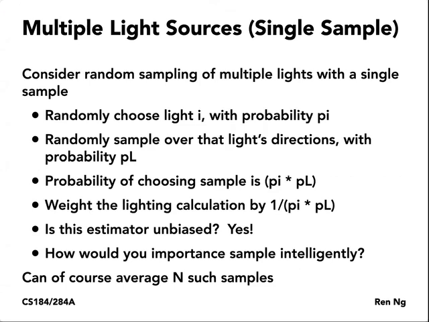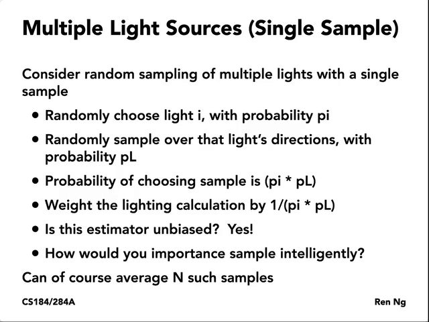Secondly, you can randomly sample over that particular light, the ith light's area or directions that we would point in, with probability p sub L. So the probability of choosing that specific sample is going to be p sub i times p sub L. And then we will weight the lighting calculation that we do for the amount of radiance emitted by that light at that position by dividing by p_i times p_L, because that's the probability of choosing it. Would this estimator be unbiased? Absolutely. It will be a one sample Monte Carlo estimate for that integral.